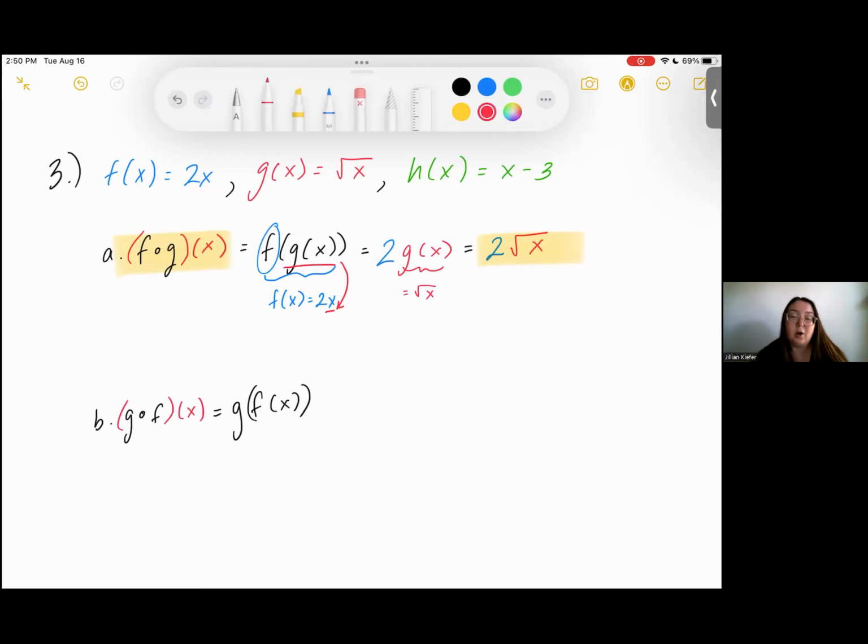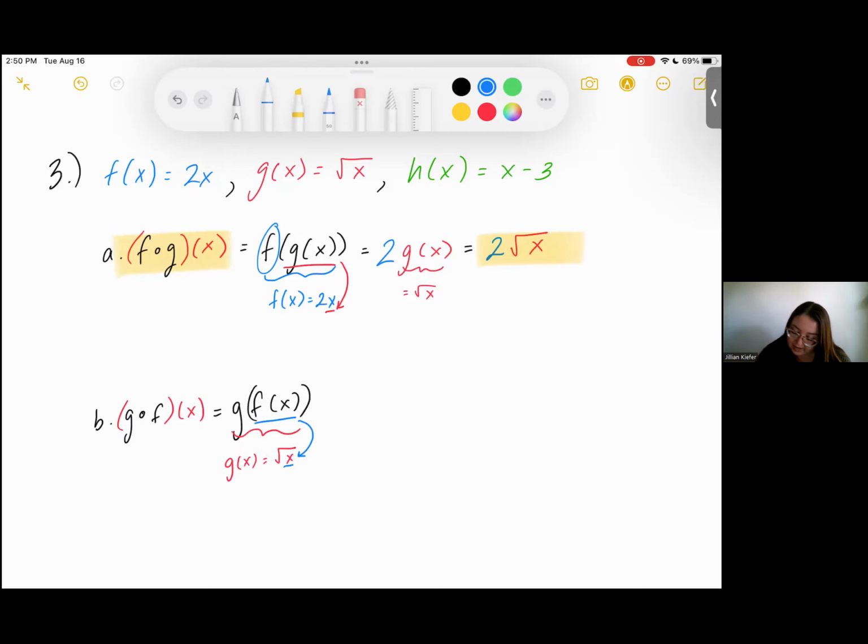So overall, we start with g because we're going from the outside in. We know that g of x is equal to the square root of x. So instead of writing x, because we're evaluating at f of x, we're going to replace x with f of x.